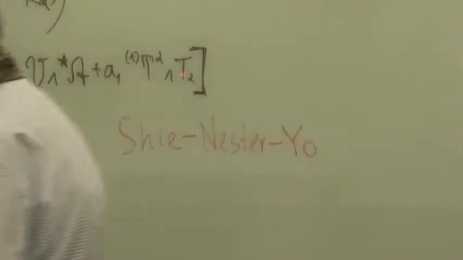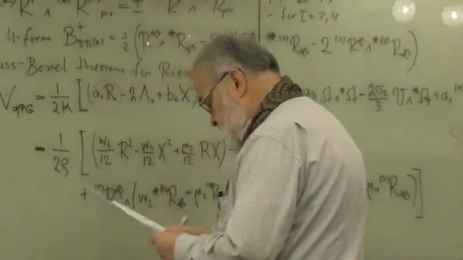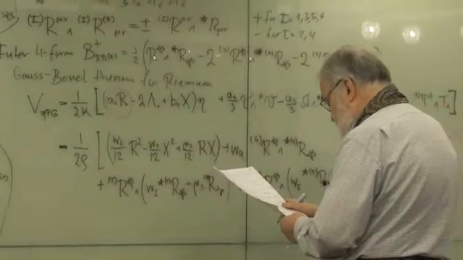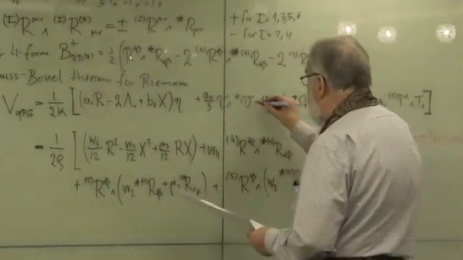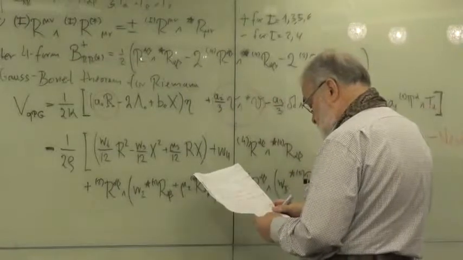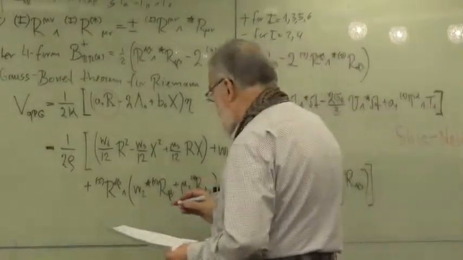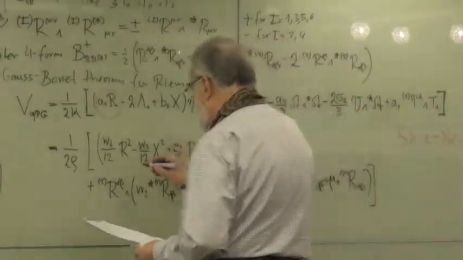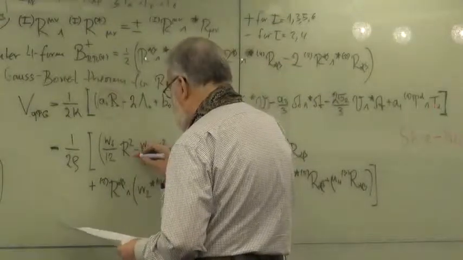So the Sciama-Nestor Lagrangian was this piece, then the vector piece, this piece, and this piece. Wait a minute. This piece.